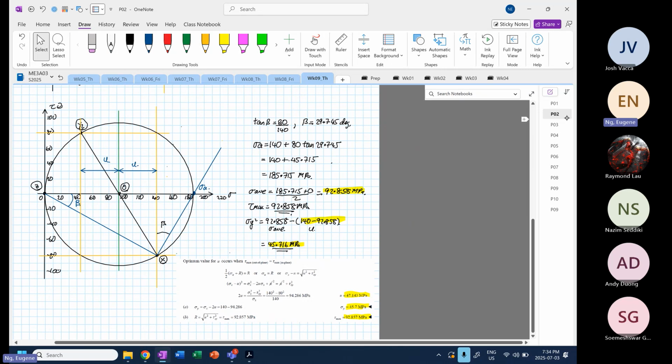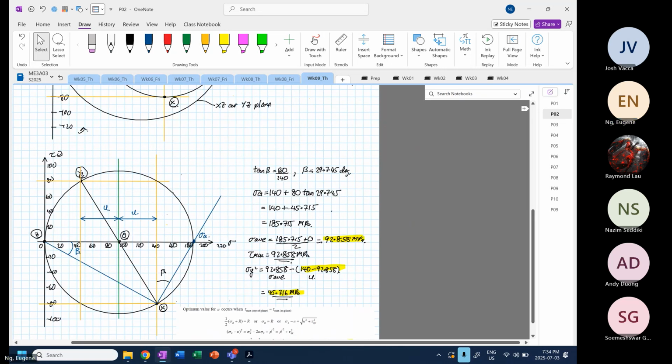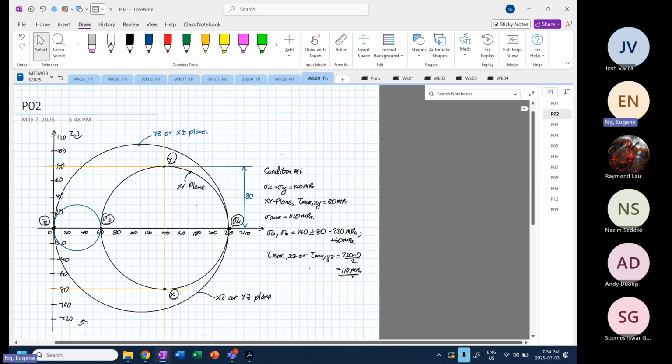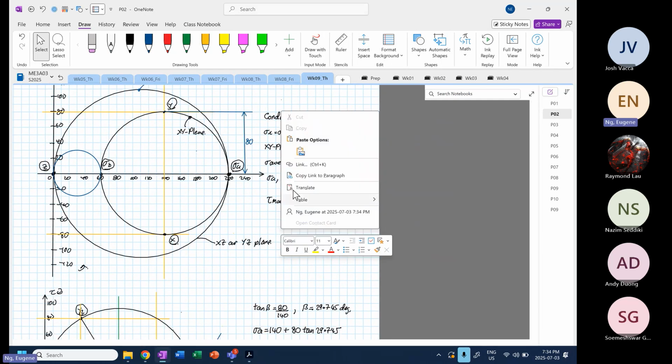And then on the other one, okay, for this case, they also have a very similar solution. Okay, they have this. Okay, the values are exactly the same.